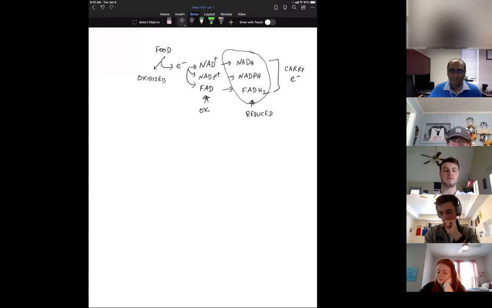And the last complex is complex 4. Then this electron has to go somewhere, right? It has to be given to something. And what do you think it is given to?